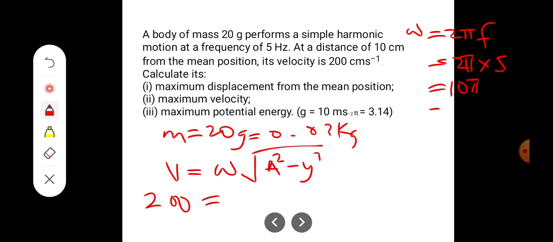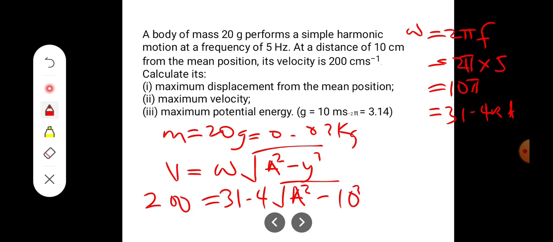If you multiply, you are going to get 31.4 radians per second. So this will be 31.4. Now the square root of amplitude is what we are looking for, so we say a squared. The displacement y is 10 centimeters, so we are going to use 10 squared.